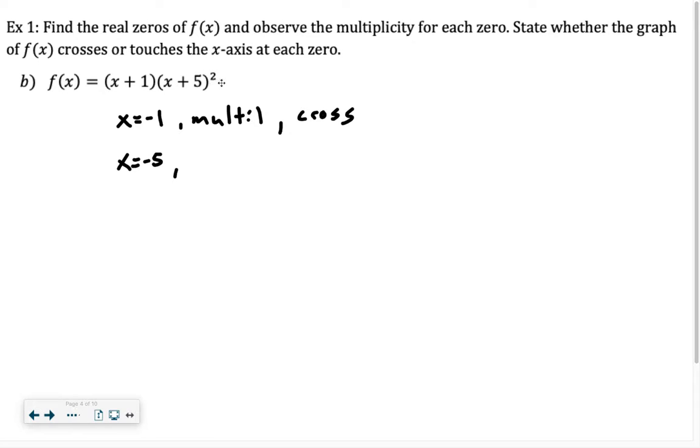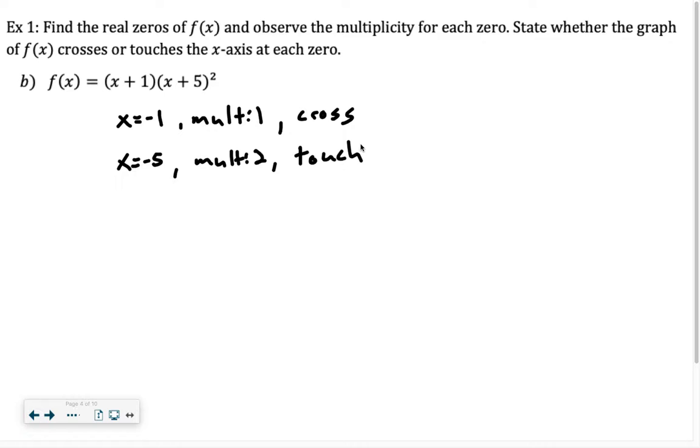Now, this shows up twice. It has an exponent of 2. So another way to think about this function would be x plus 5 times x plus 5. So we say that that 0 shows up twice. It has a multiplicity of 2. That means that the graph is just going to touch the x-axis at -5.